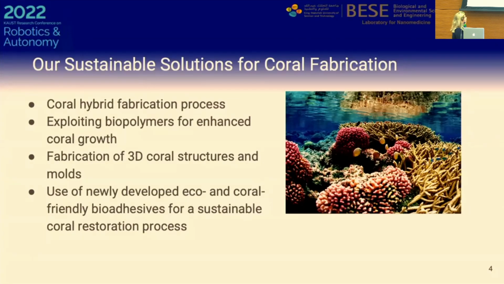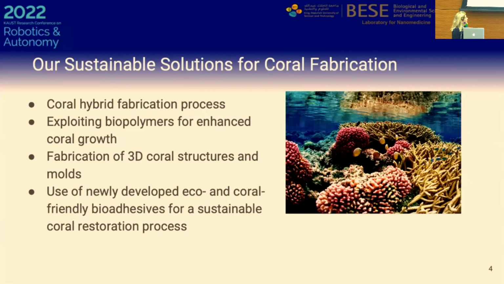Also, we explore biopolymers, which we developed in the lab, for enhancing coral growth. Then we look at the fabrication of coral structures, and that is where the major subject of this talk will be: how to use robotic technologies.